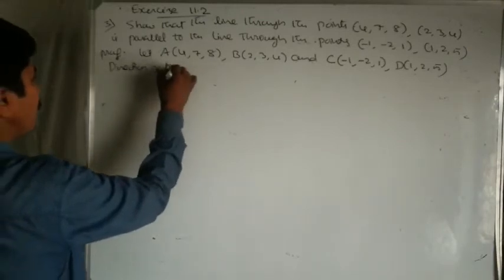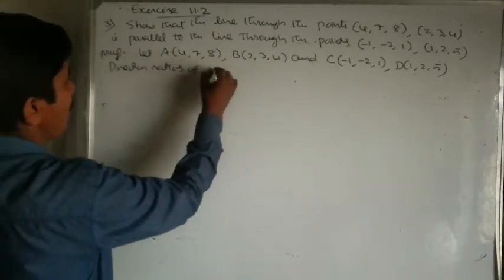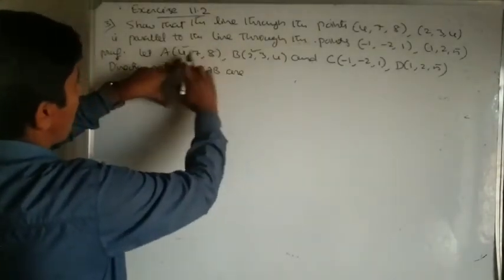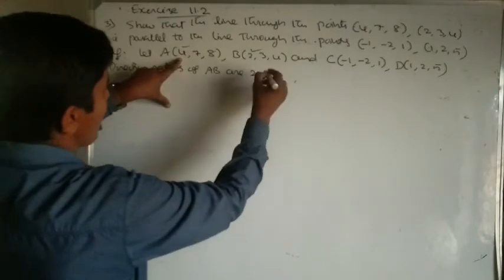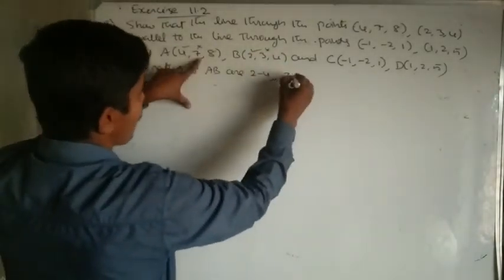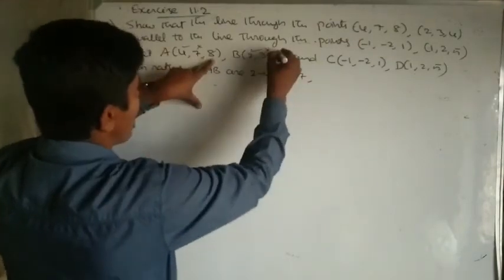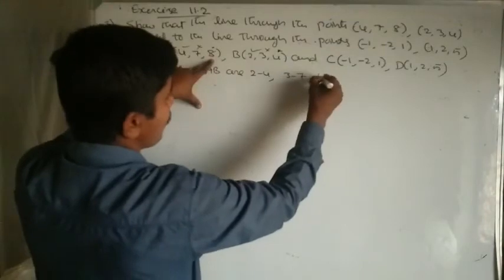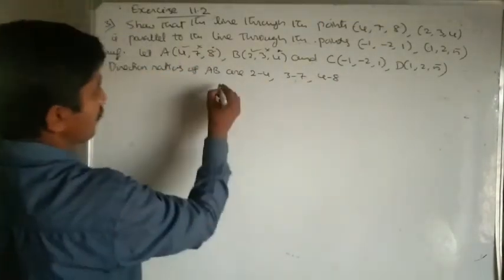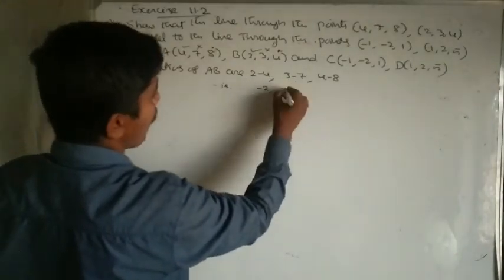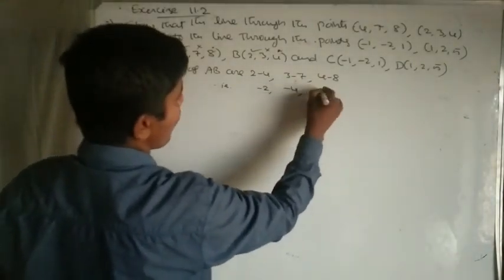Direction ratios of AB are the difference of the x coordinates, 2 minus 4, the difference of the y coordinates, 3 minus 7, the difference of the z coordinates, 4 minus 8. 2 minus 4 is minus 2, 3 minus 7 is minus 4, 4 minus 8 is minus 4.